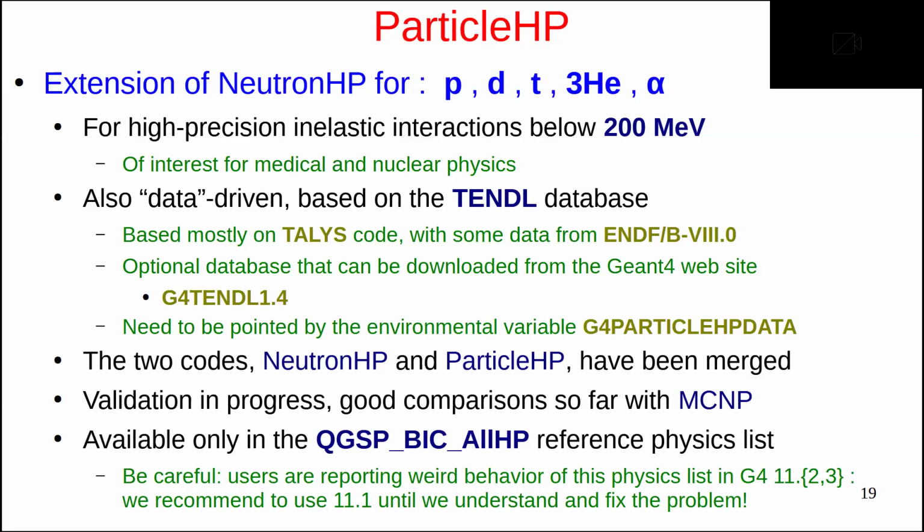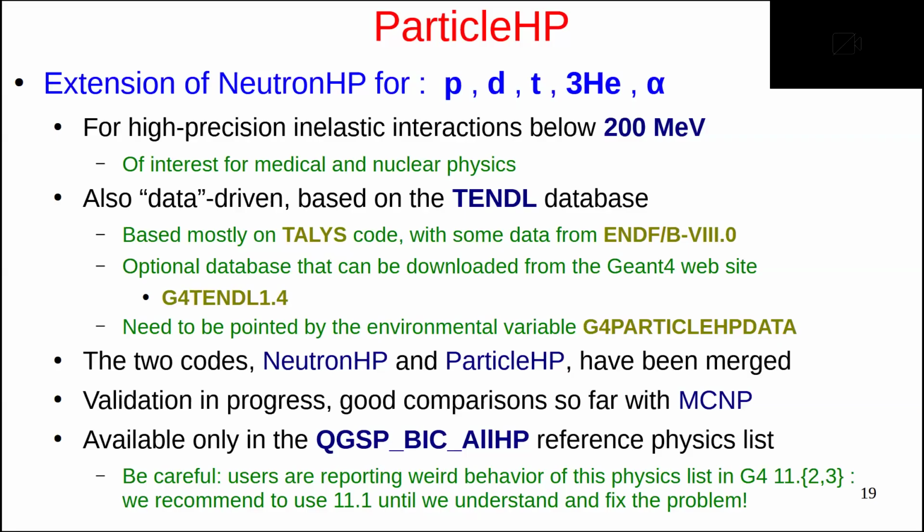It is also a data-driven approach based on the so-called Pendle database, which in turn is mostly based on simulation codes, and also on data, but the data is not as precise or as numerous as for neutrons. There are really few experimental data. Most comes from simulation codes, with all the limitations of simulation.